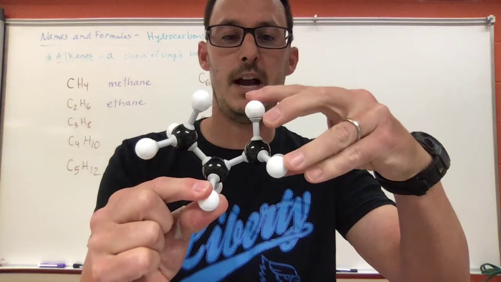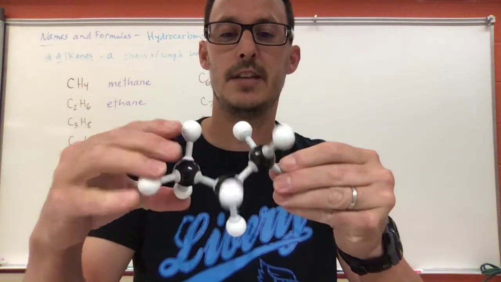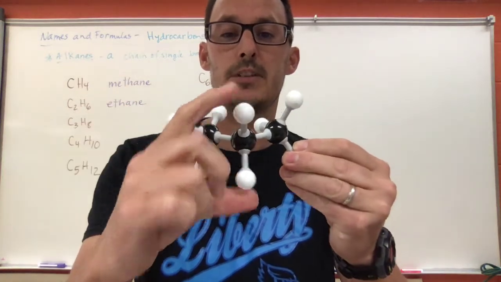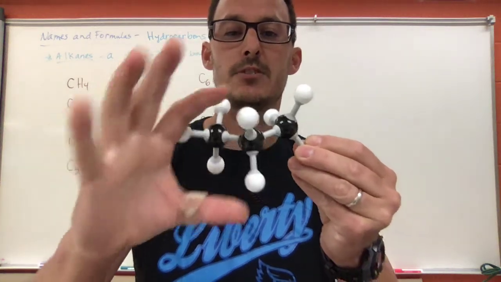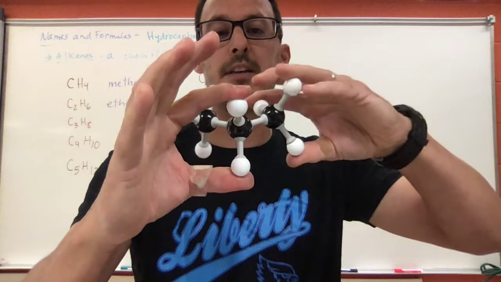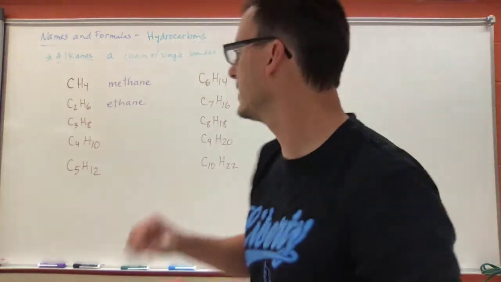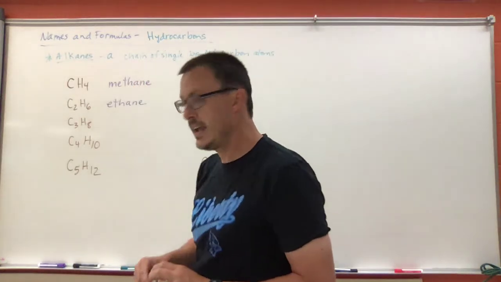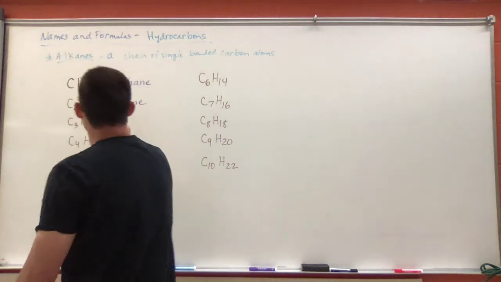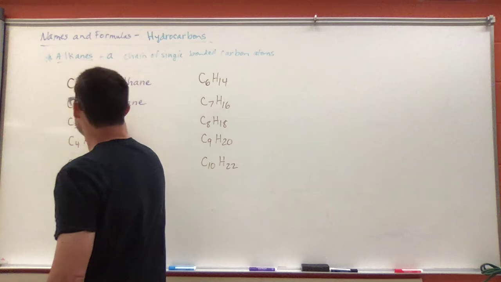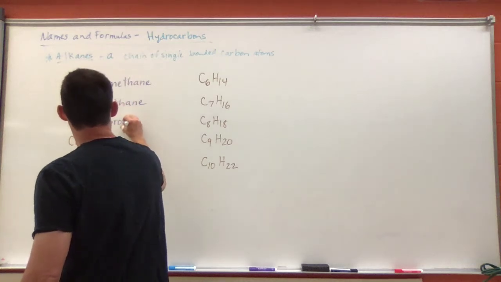There are 3 hydrogens on this end, 3 hydrogens on that end, and the one in the middle only has 2 because carbon can bond in 4 directions. So this is CH3, CH2, and then CH3. If you add all that up, that's 3 carbons, 8 hydrogens. Anytime you have 3 carbons linked together like this, we call that propane.